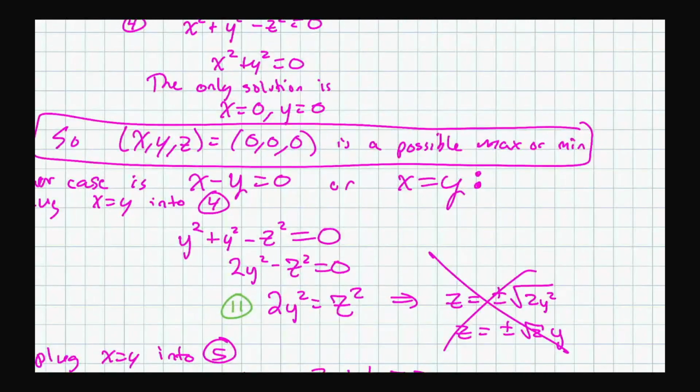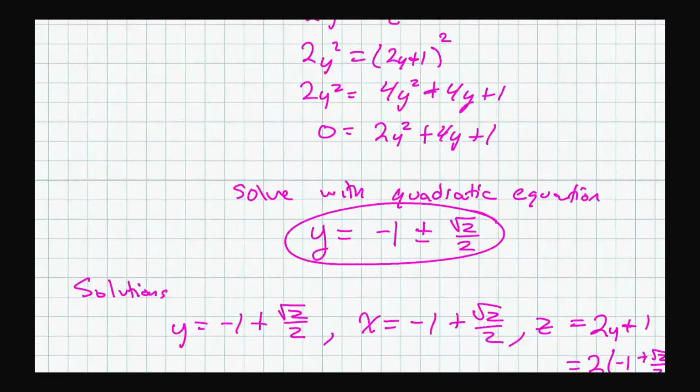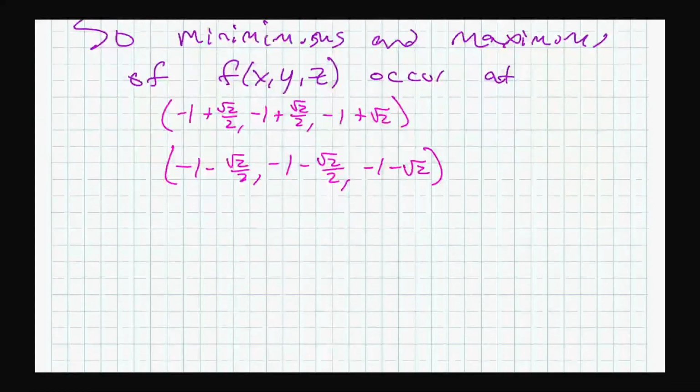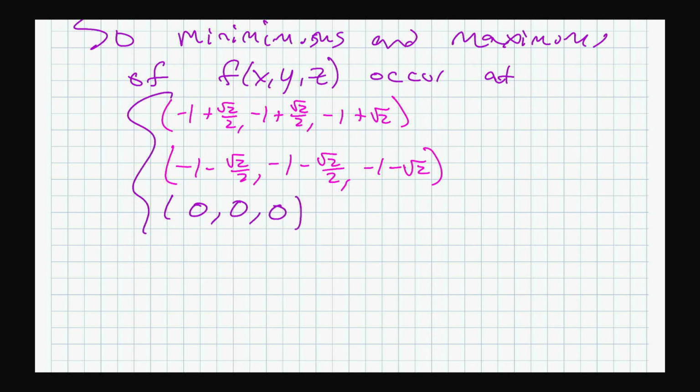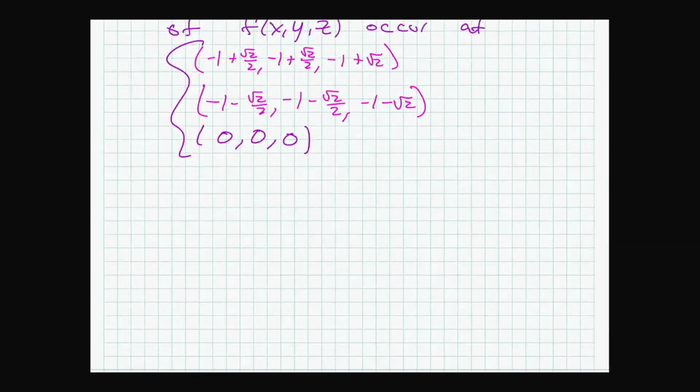Don't forget we have 0, 0, 0 as well, right? So these 3 points. And how would you figure out which one is which? You would take all of these values and plug them into the original function f.